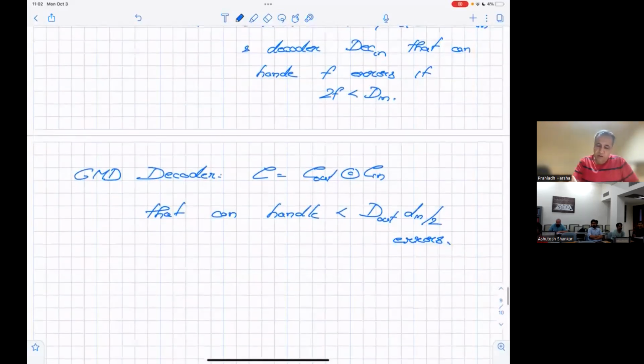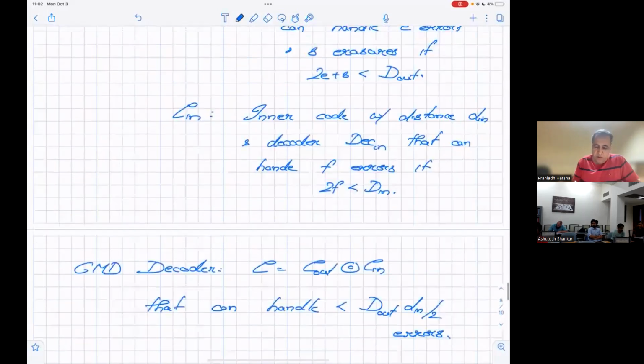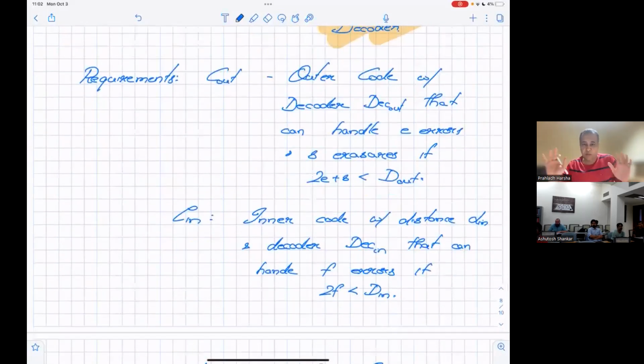And the algorithm is going to go, so the GMD algorithm. So this is what I'm going to promise you.